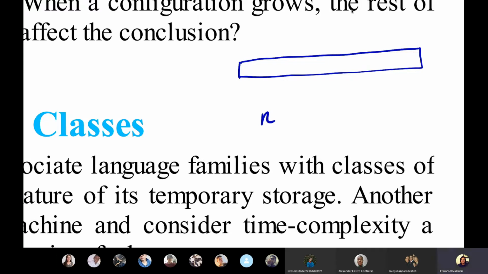So you will have a Turing machine here, and in the very beginning, you have an input here, for example 0, 1, 0, 0. Let's suppose that this input is called W. So this n refers to the size of W. n is the size of the input.